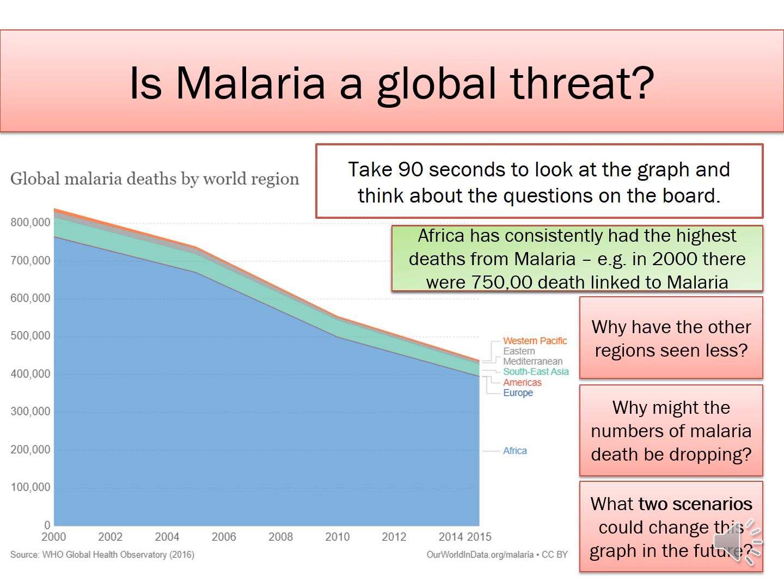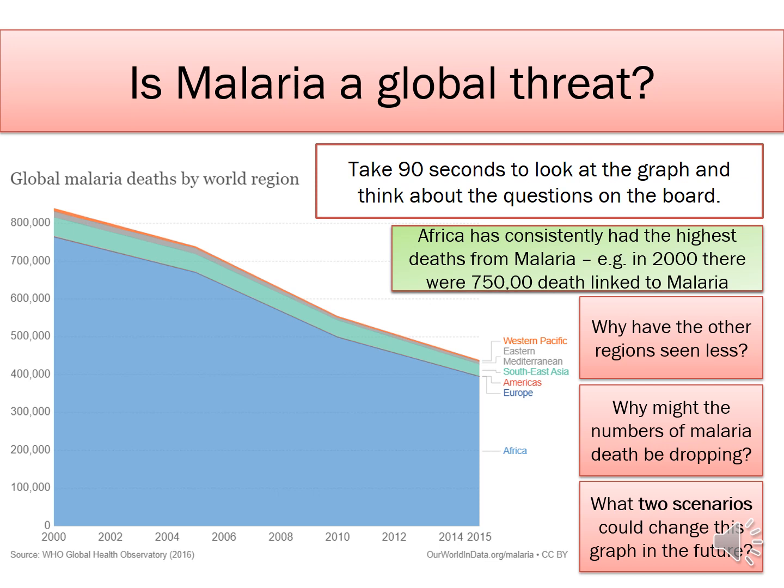We can back that with an example: in 2000, there were 750,000 deaths linked to malaria. Africa's amount of deaths is always the highest, and we can see that because it takes up the biggest part of the graph.